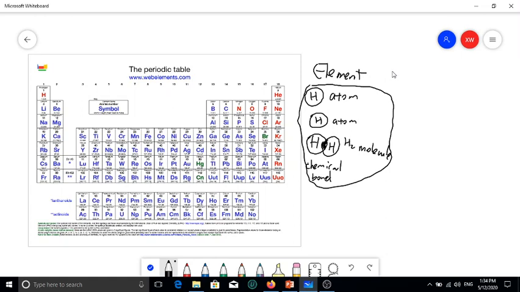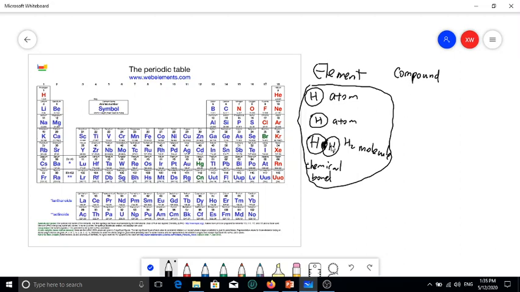All right, the next level is when you have different kinds of elements bonded together, then you would have a compound. A compound is composed of not only multiple atoms, but also multiple elements.